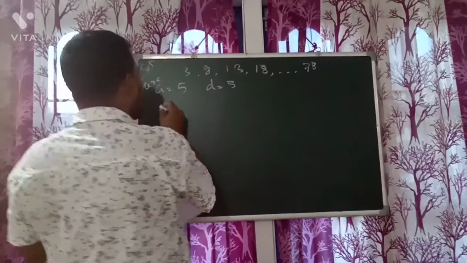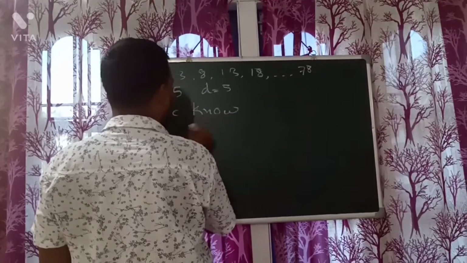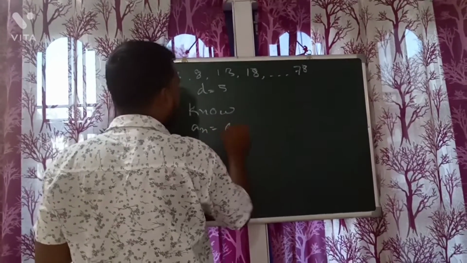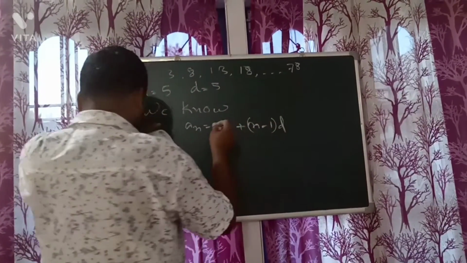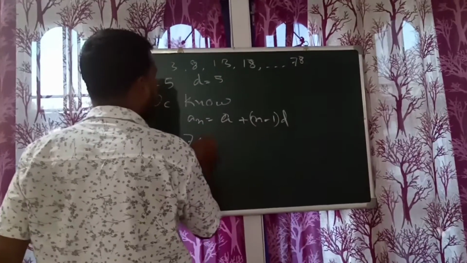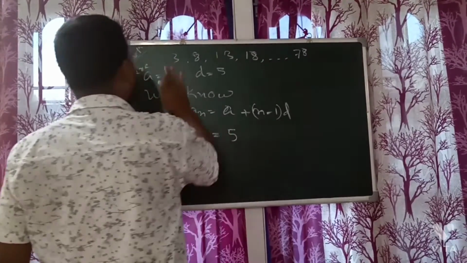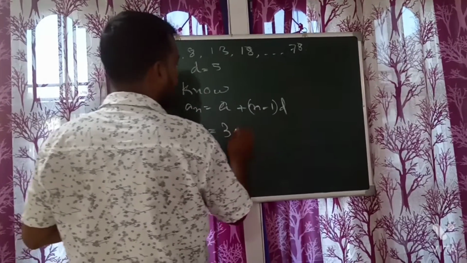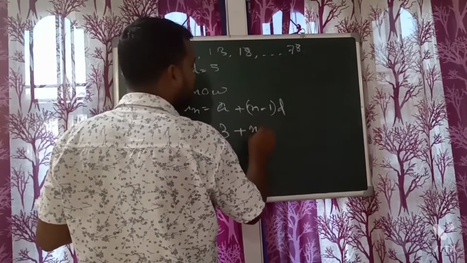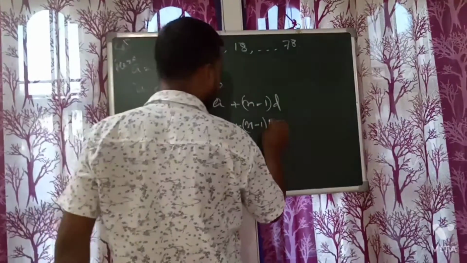Now we know an is equal to a plus n minus 1 into d. an is equal to 78. Oh sorry, a is equal to 3, plus n minus 1, where we did not know n. d is equal to 5.